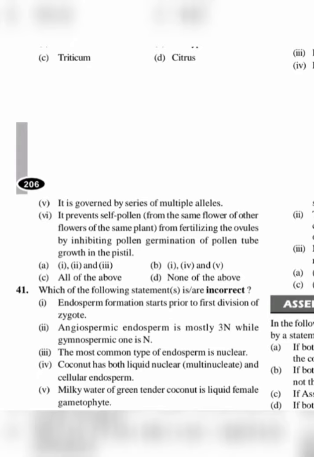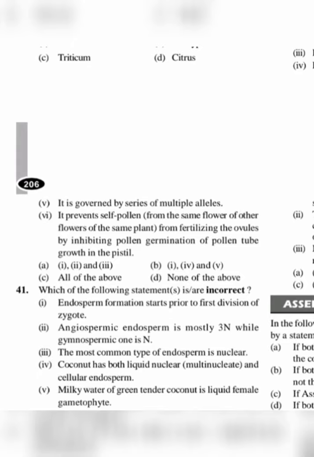So what we know? All the statements are correct about self incompatibility. Self incompatibility is a general name for several genetic mechanisms in angiosperms which prevent self-fertilization and thus encourage outcrossing and allogamy.